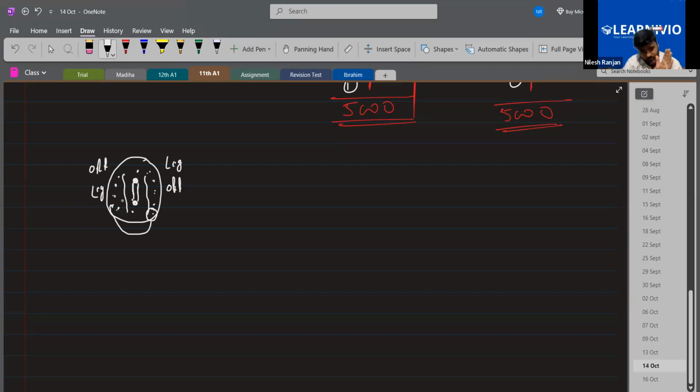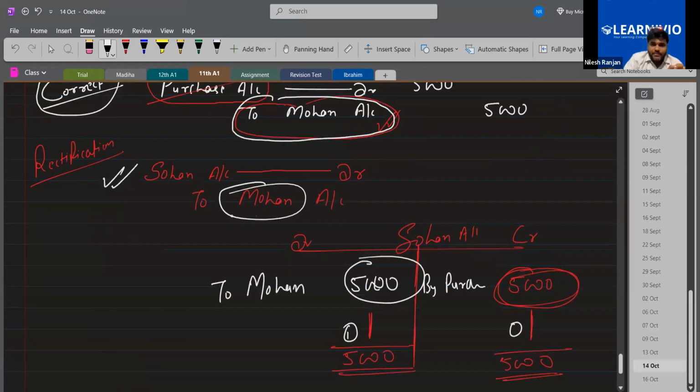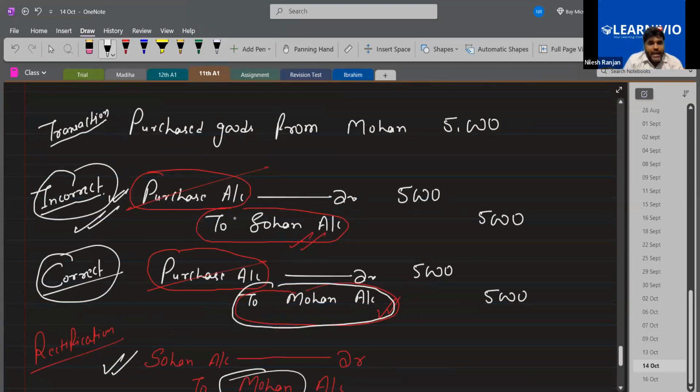But what if one player automatically changed his place and went to off? Then is there any need to change the place of the player? No. So it is the same with this one. We have made an incorrect entry here: purchase to Sohan, and it should be purchase to Mohan. So the mistake is in Mohan's account and Sohan's account, not in the purchase account.